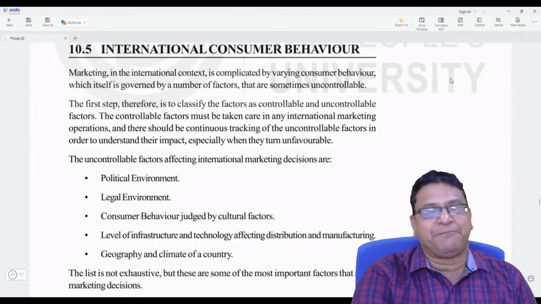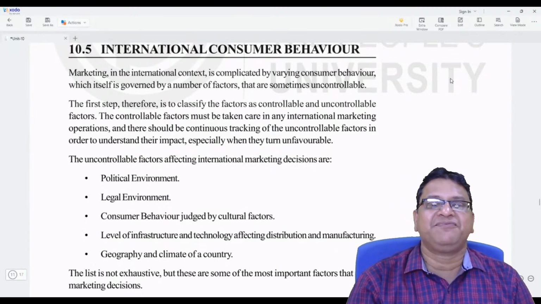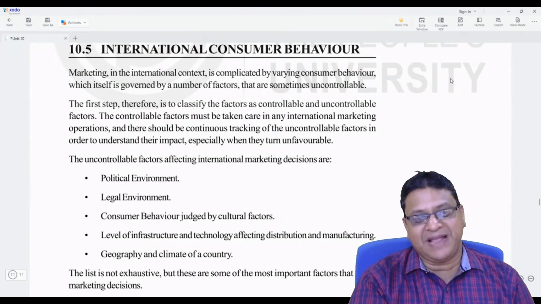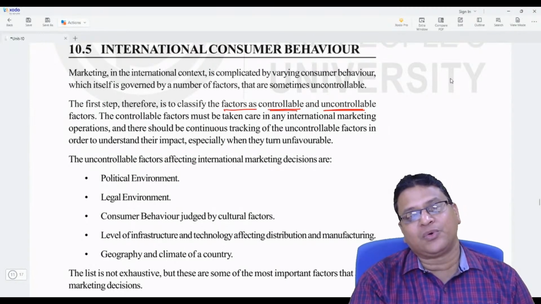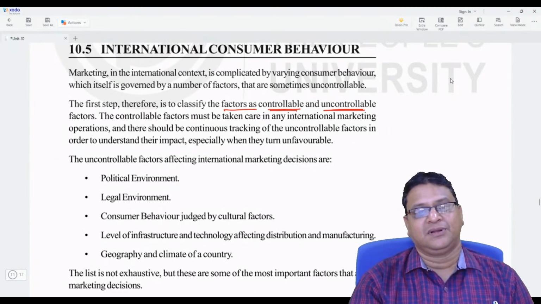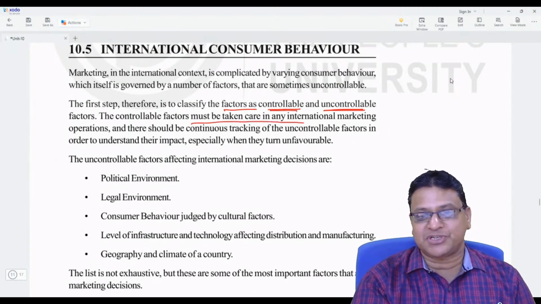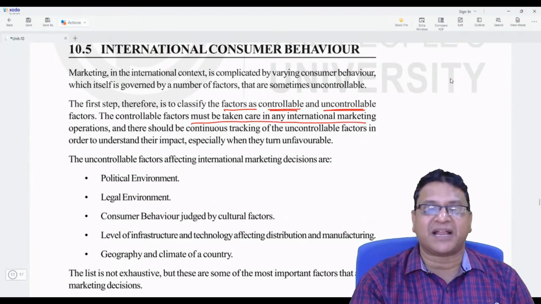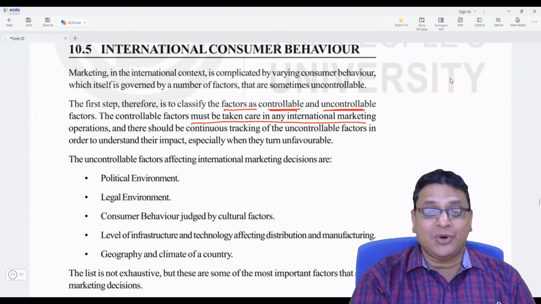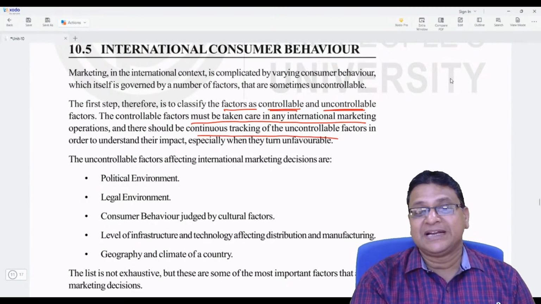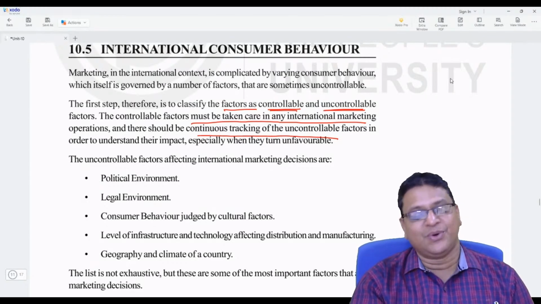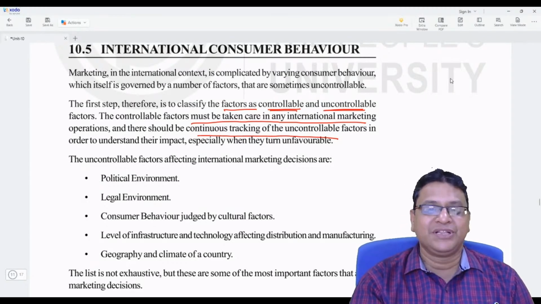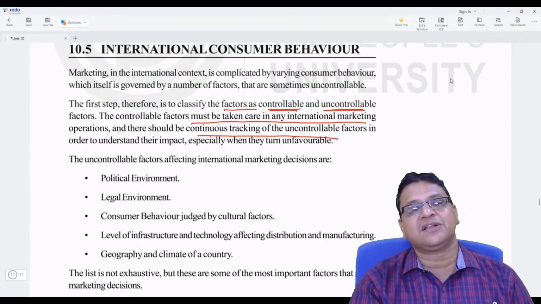Their behavior is affected by different factors. These factors may be controllable factors or uncontrollable factors. The controllable factors must be taken care of in international marketing, but the uncontrollable factors must be tracked continuously because they have also an influence on the behavior of international customers.